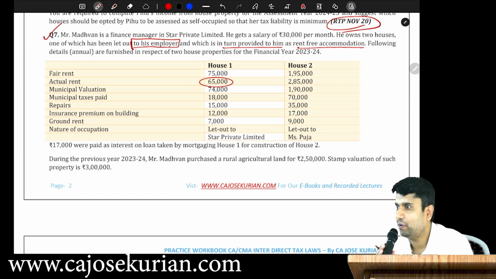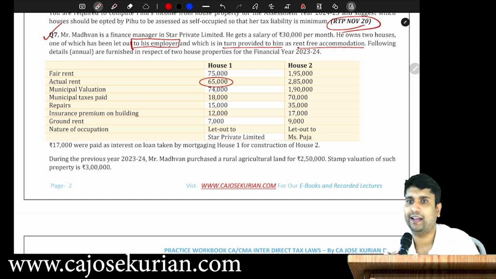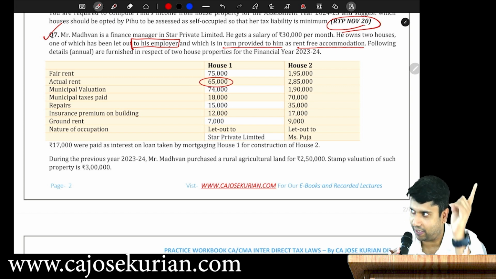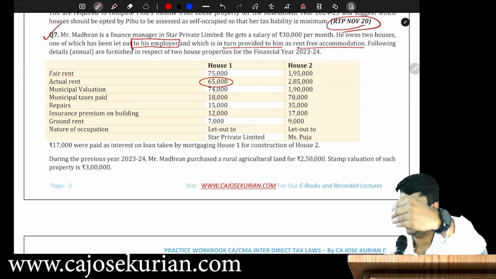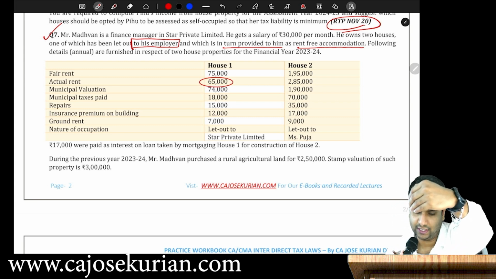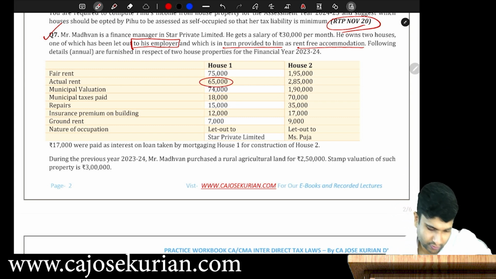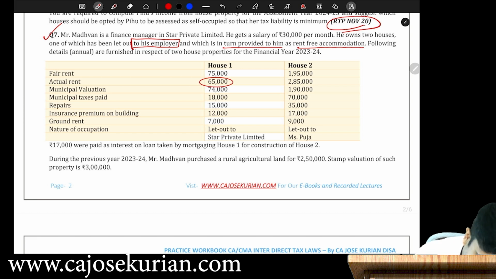Yes or no? Don't mathematically search for the figures in the question. First you understand what exactly happened. The employee has given his house 1 to the employer and he got actual rent as 65,000.